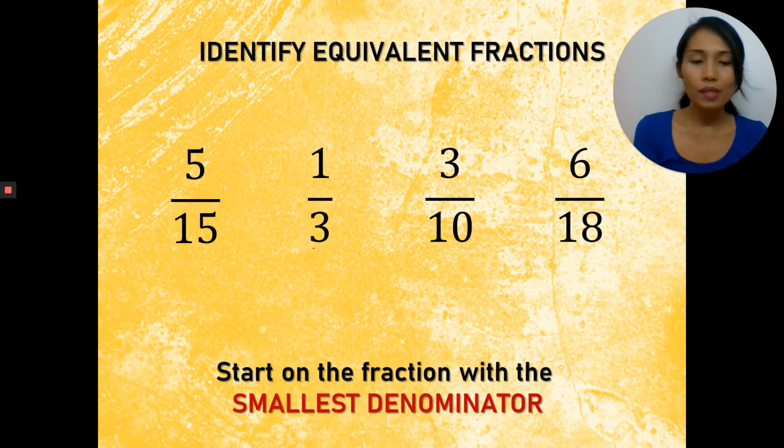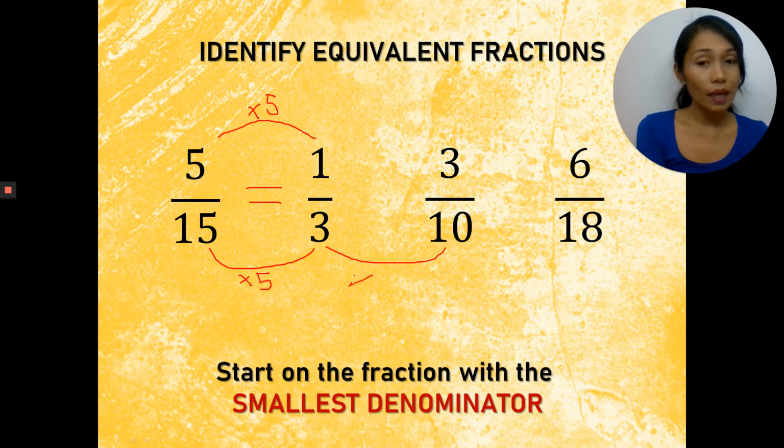3 times what factor equals 15? 5. 3 times 5 equals 15. Now let's see, 1 times 5 equals 5. Are they equal? Yes, they are equal. Now let's try 3 and 10.